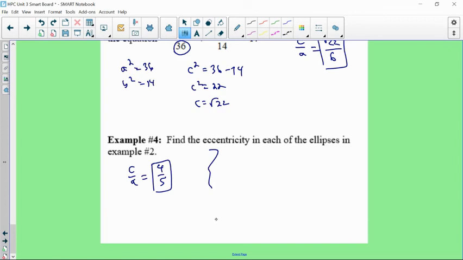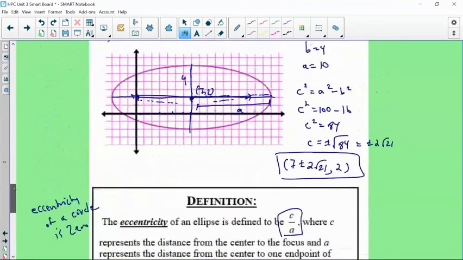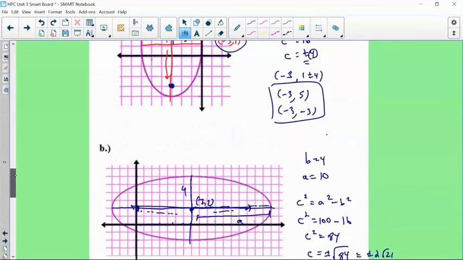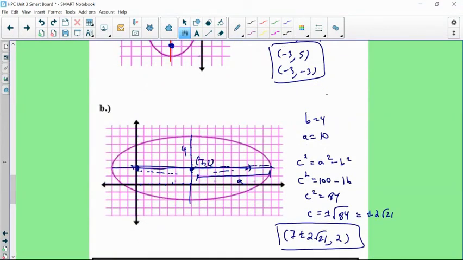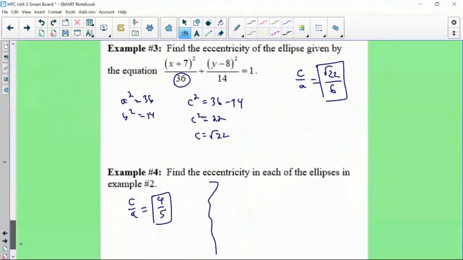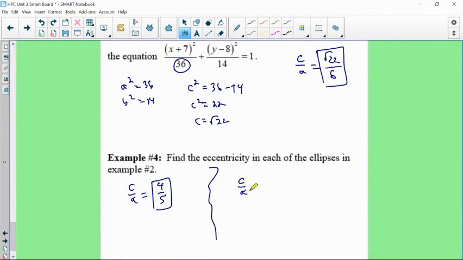Okay, and then in the next part of example 2, we said this c value was 2 root 21 and our a value was 10. So c to a would be 2 root 21 over 10.